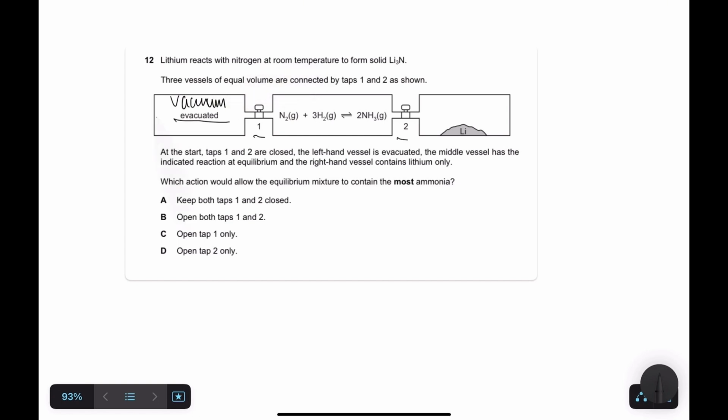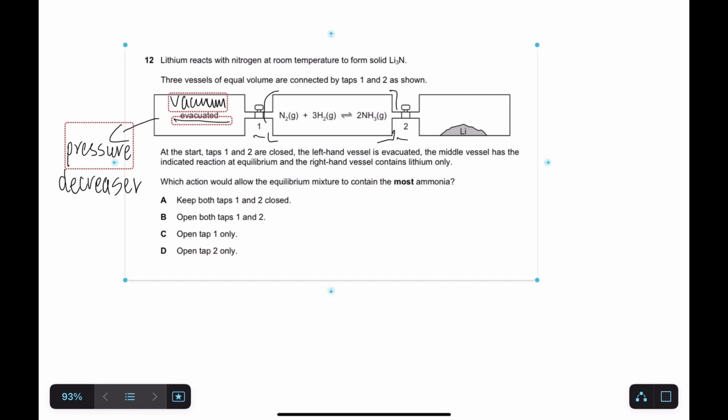So if we open tap 1, the pressure in the middle vessel would decrease. And the right-hand vessel contains lithium only.